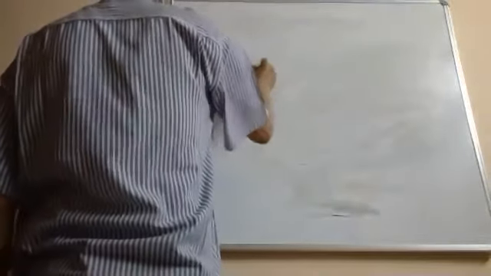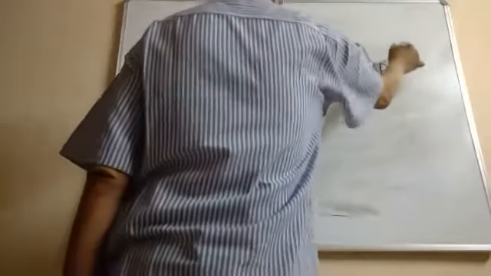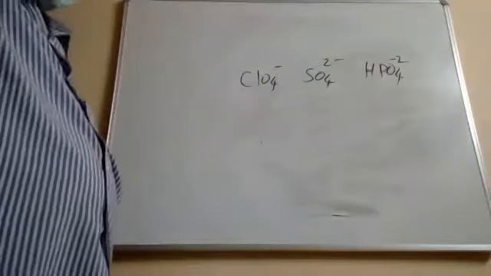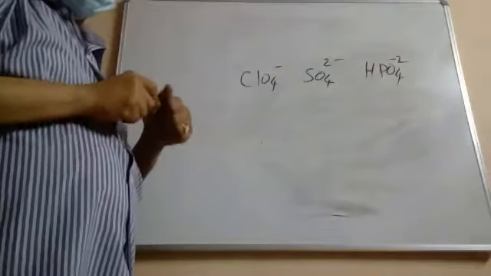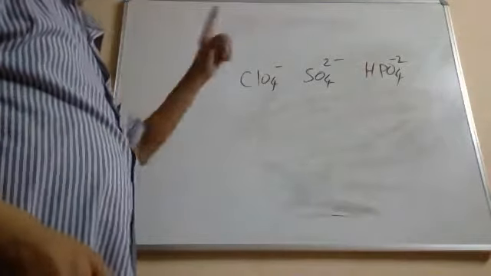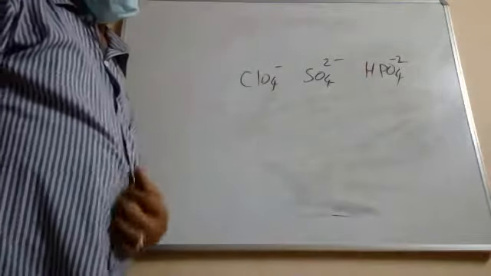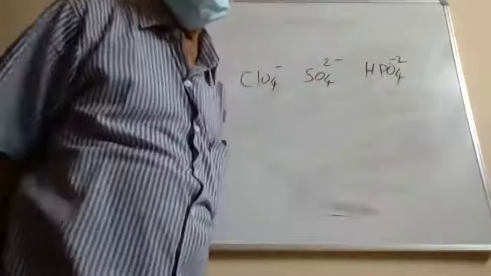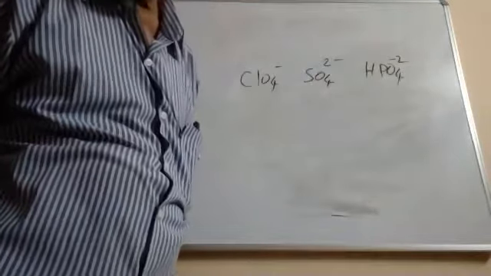Next one is, let's say if I have this species. Which of these species is easily reducing? That means which one is a strong oxidizing agent? That's another way of asking the question. Strong oxidizing agents are those that are easily reduced.